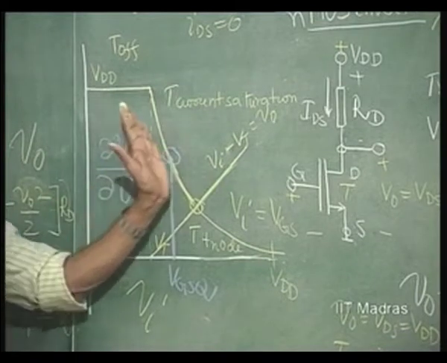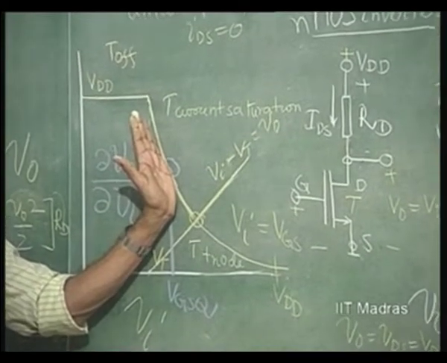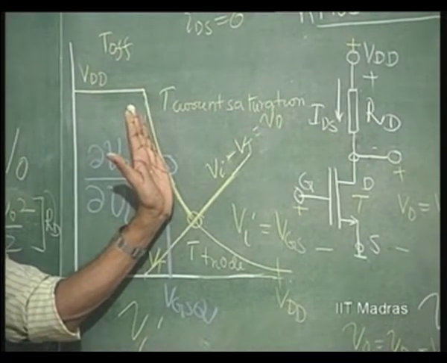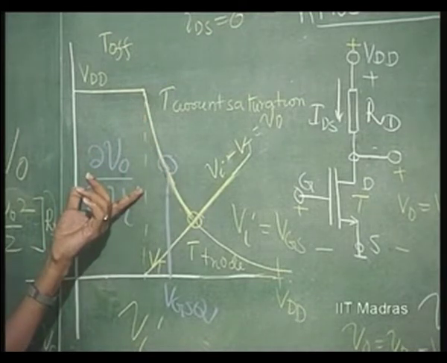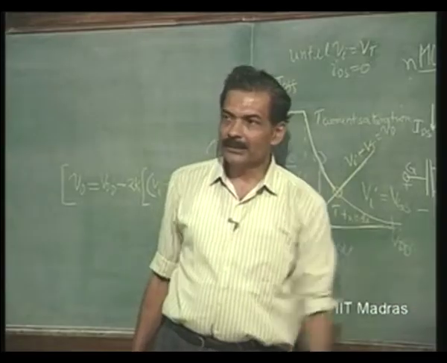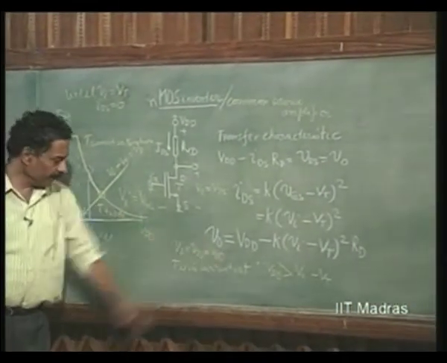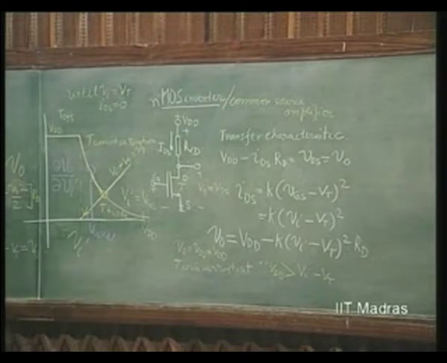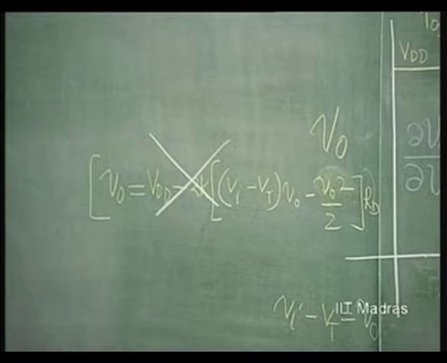If you take the slope, it is negative here. The slope is negative, indicating that this common source amplifier is inverting, giving a phase shift of 180 degrees, and the magnitude of this slope will give you the amplification factor. What is this? Therefore, that can be obtained by differentiating this equation. So, please differentiate this equation, not this, because this is not the active region.